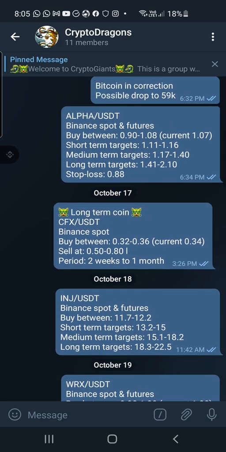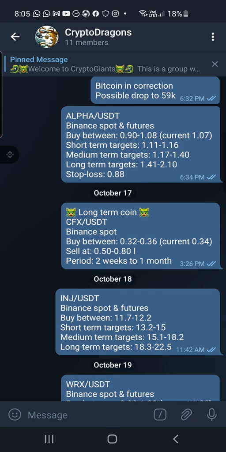So for example, over here we have CFX USDT. So this, I tell you what price to buy it for, and I tell you what price to sell it for, but I do not tell you the stop loss. Why? Because this is a long-term coin.